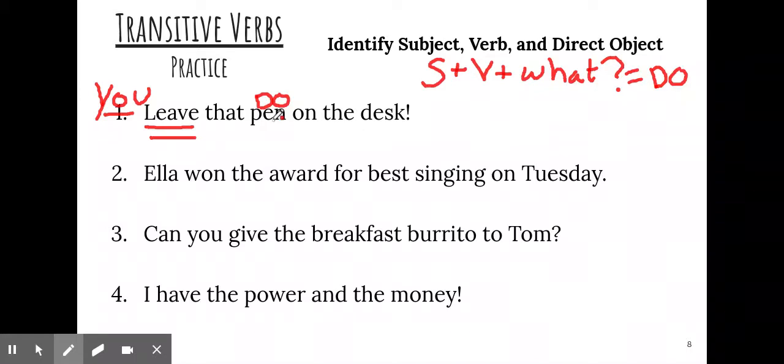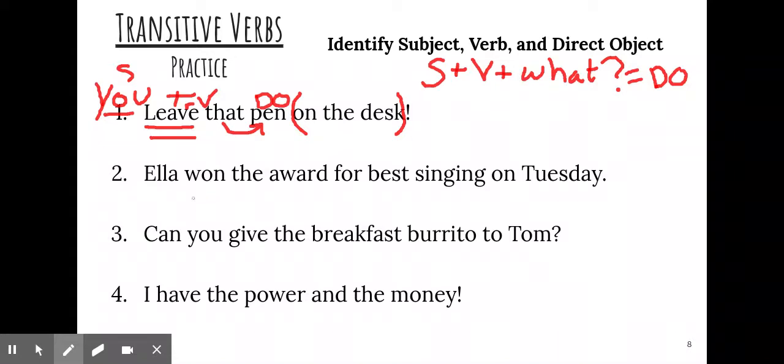Or you leave pen to whom? And then we don't get an answer to that. We have a word that tells us which pen we're talking about. That's an adjective. We have on the desk, which is a prepositional phrase telling us where to leave it. But that's it. We've got a subject, a transitive verb, and a direct object. Same thing on the next sentence.